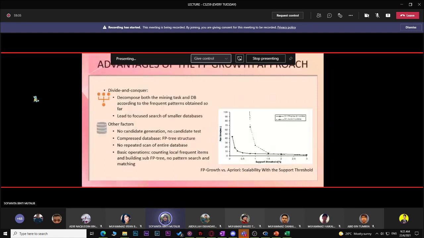Okay, and this is the experiment and paper reported in the articles.